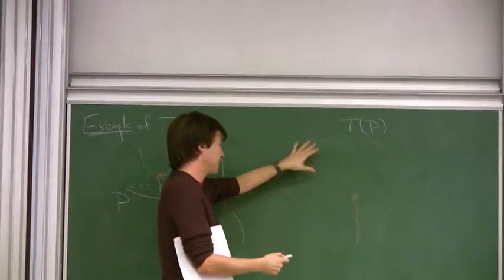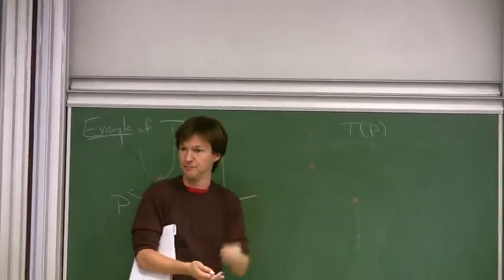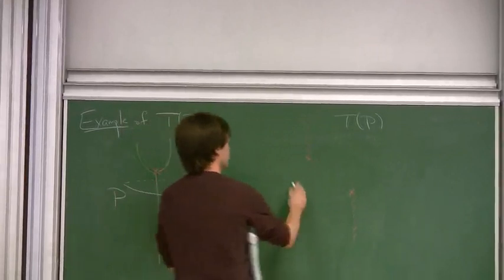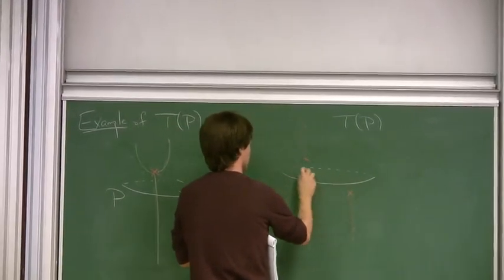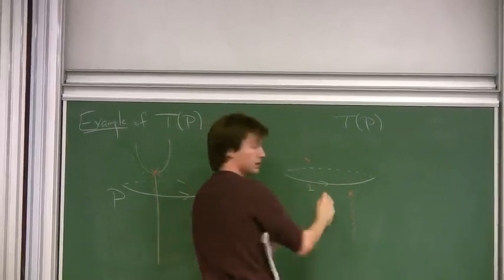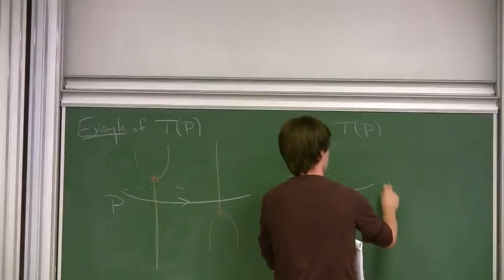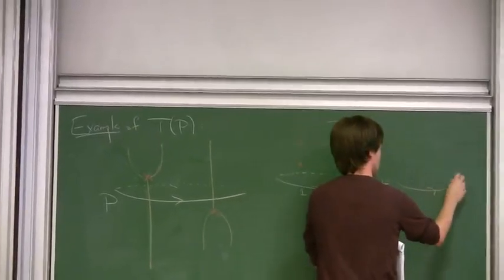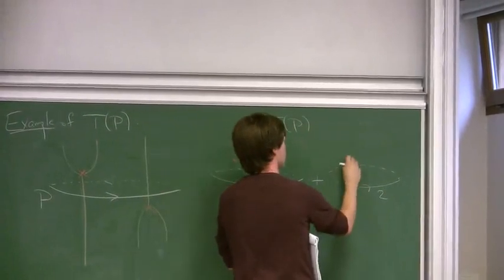And the sheet labeling is defined on the complement of these cuts. So when something goes through a cut, it moves from sheet 1 to sheet 2. So there's going to be three terms. One term is just this on sheet 1. Then there's a similar term where we just go on sheet 2.